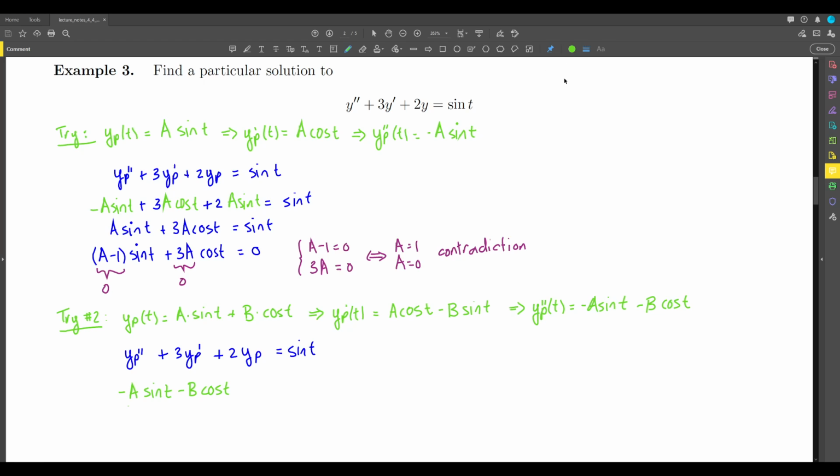And then we have plus 3 times yp prime, right? And so that is a cosine t minus b sine of t.